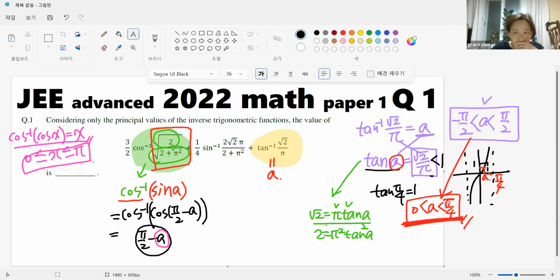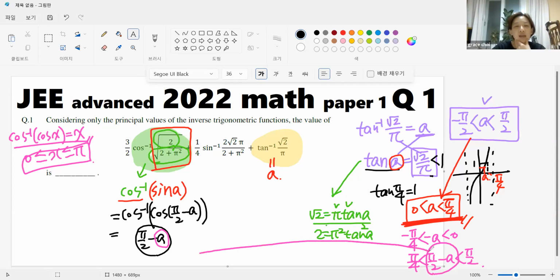Now A is between 0 and pi over 4. Pi over 2 minus A ranges from pi over 2 down to pi over 4. So pi over 2 minus A can exist here, for sure.